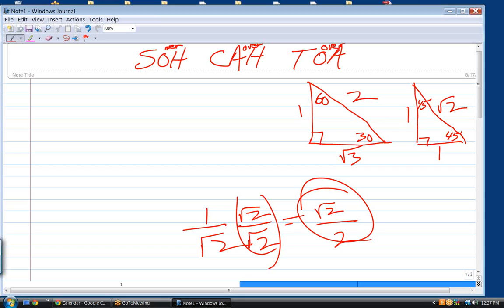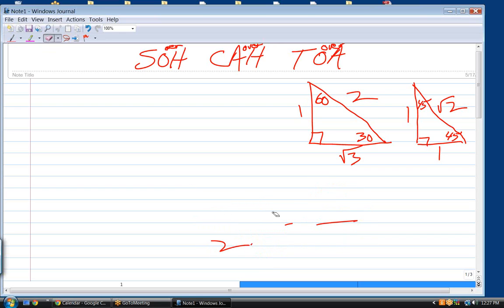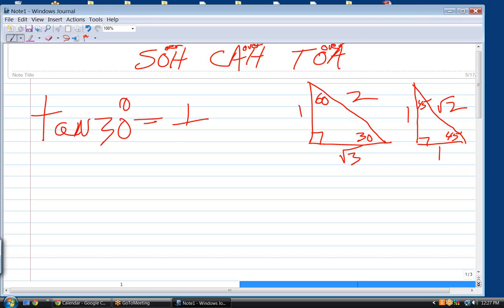That's opposite over adjacent. Opposite is 1. Adjacent is square root of 3. Okay. So the tangent of 30 degrees is 1 over square root of 3. Rationalize that.